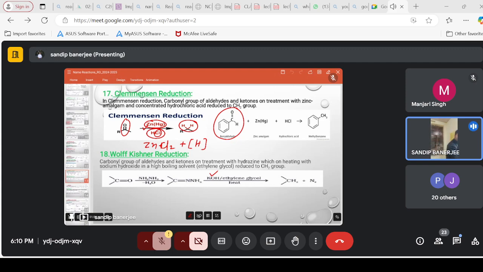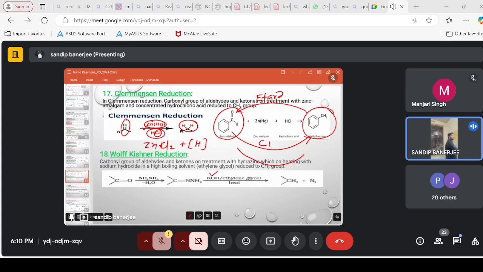So in the Etard reaction, you notice that from toluene we came here, and in the Clemmensen reduction it is just the opposite process. In one reaction you generate an aldehyde from the hydrocarbon, and in the second, the Clemmensen, the opposite happens, that is, reduction.